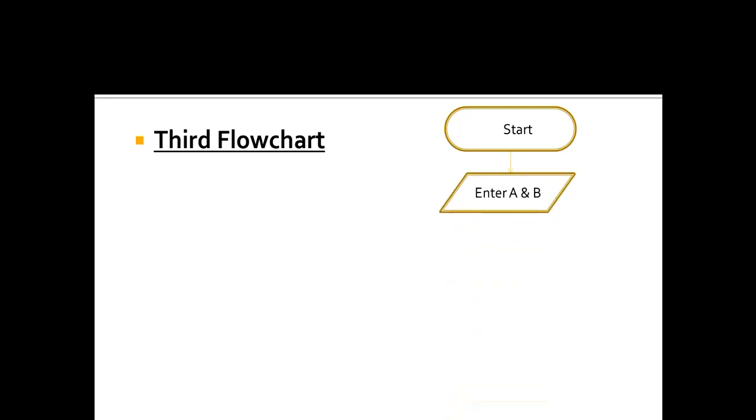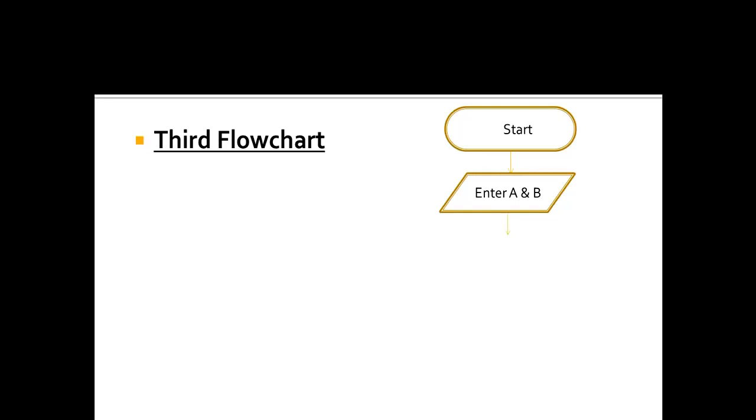Okay, this is how our flowchart will look like. First, we're having an oval shape, and inside the oval shape, we're having the word start. Then we're having an arrow for connecting. Then to represent the input, we used a parallelogram, and inside the parallelogram, we wrote the keyword of inputs, enter A and B. Then we're having an arrow again.